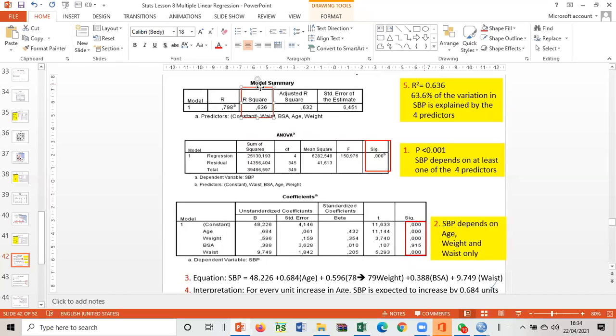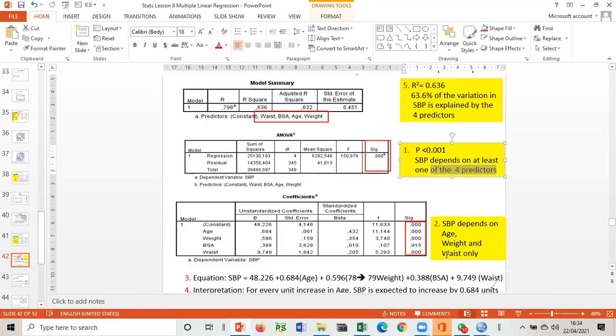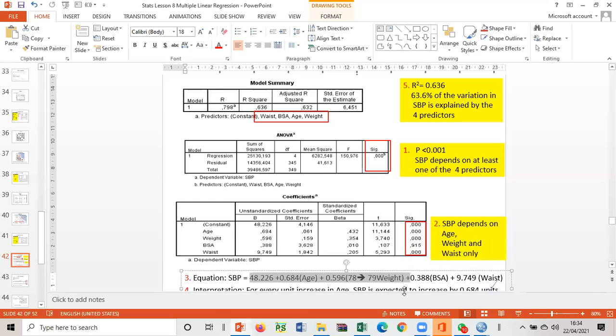Why? The model still has 4 variables. Even though BSA is not significant, it's still there. You can't say only the 3 variables. Even though it's not significant, still include it in the equation, still interpret, and still 4 predictors.